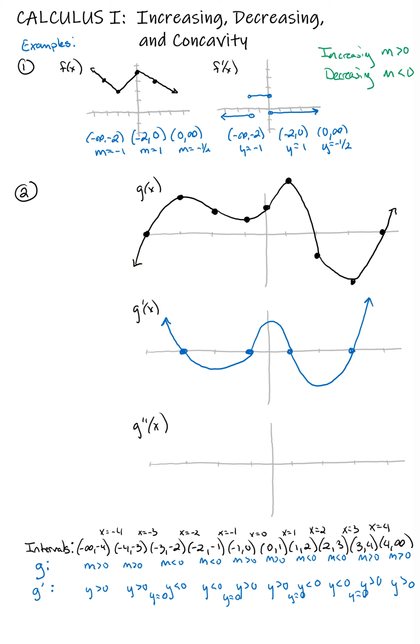So that means the slope is negative. So the slope is negative from negative infinity to negative 4, from negative 4 to negative 3. And look at that, even on over here, that little interval all the way up to this point here, we have a slope that is negative. It is decreasing.